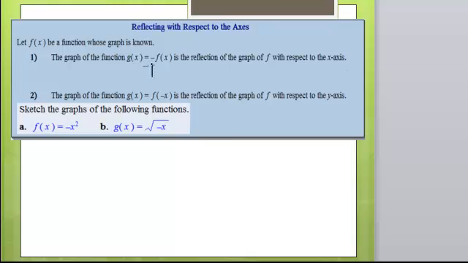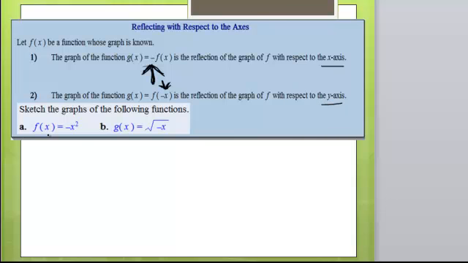If you have a negative on the outside of your function, so the function itself is negative, it's going to reflect over the x-axis. Now for the next one, if you have a negative x on the inside of your function, that means it's going to reflect over the y-axis.